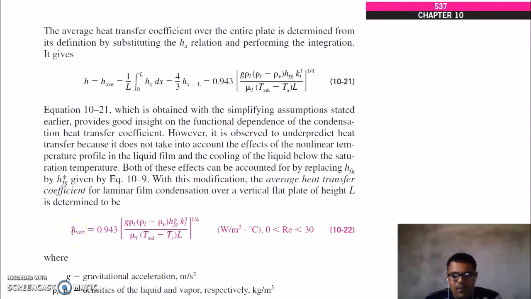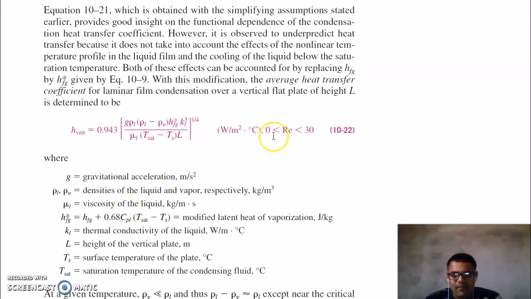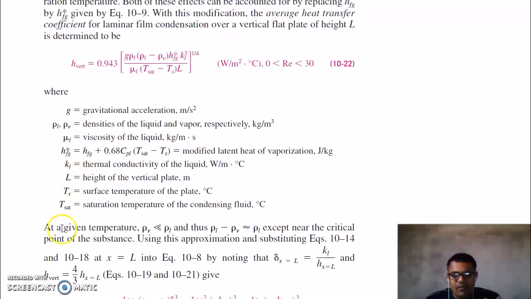So you will get the average heat transfer coefficient for laminar film condensation over a vertical flat plate, and this is valid for laminar flow, Reynolds number 0 to 30, where the symbols are as already mentioned, and hfg star is the modified latent heat of vaporization.